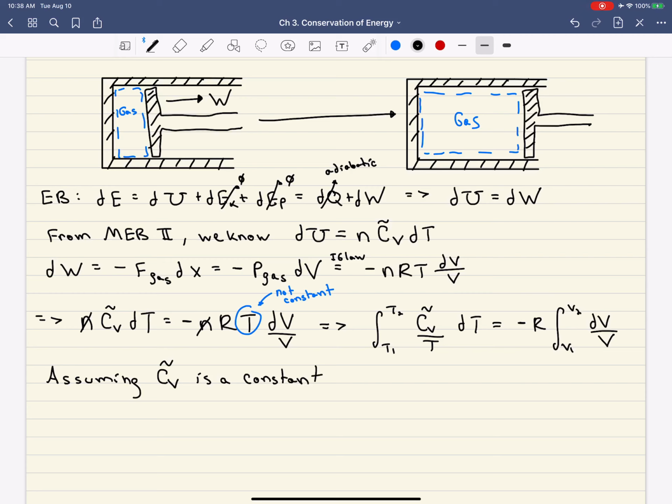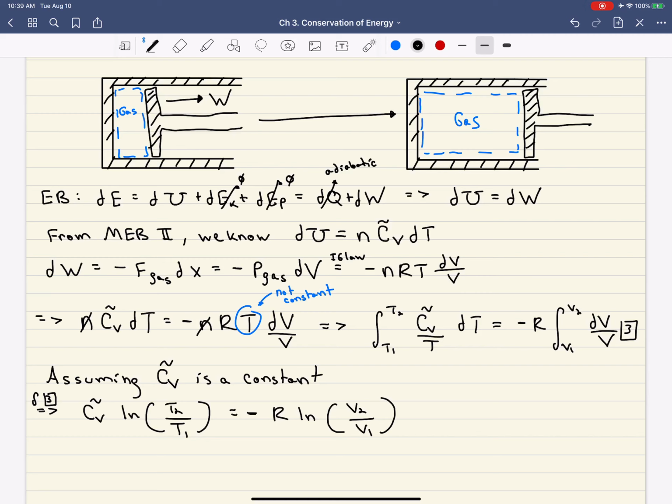And so when we integrate this equation 3 over here, what we're going to get is CV times the natural log of temperature 2 over temperature 1 is equal to the negative of the gas constant times the natural log of V2 over V1. Right? So we have natural logs on both sides of the equation.